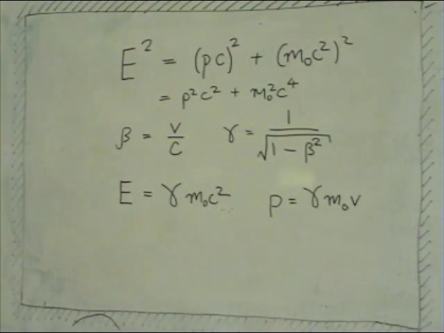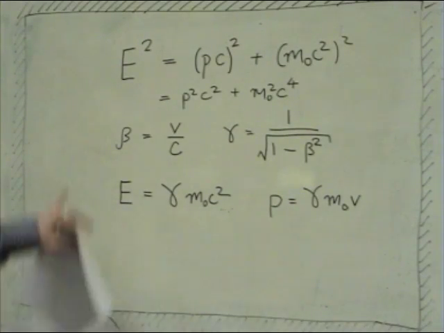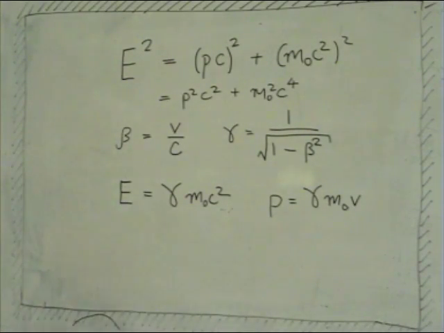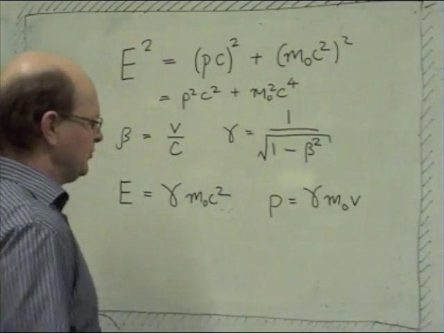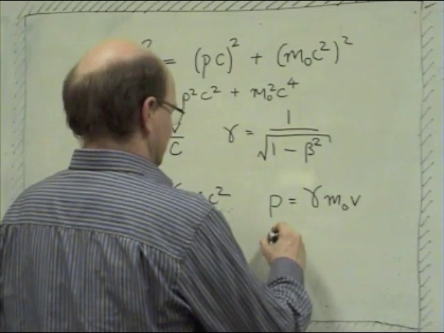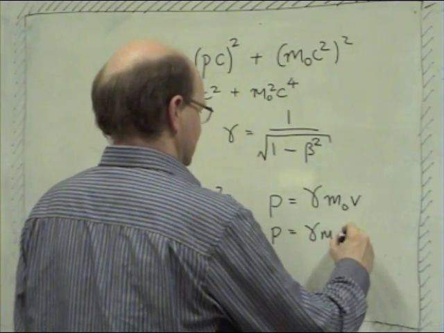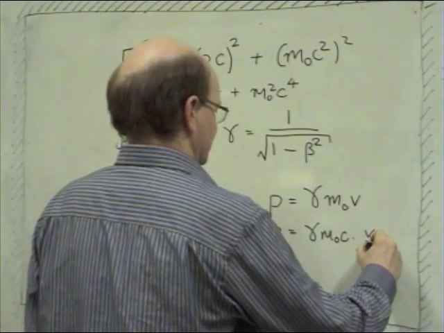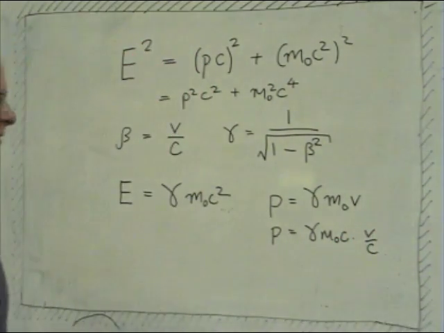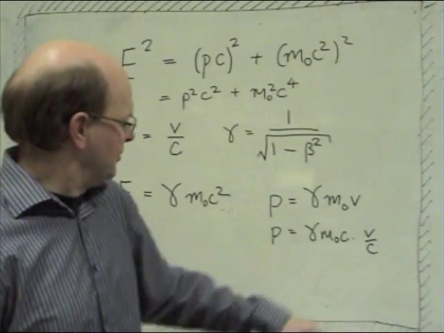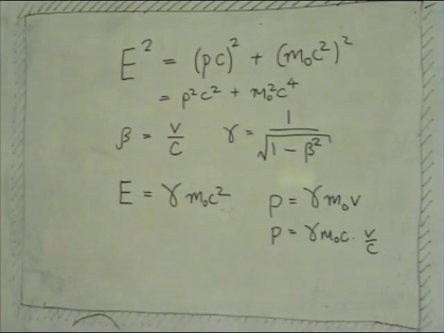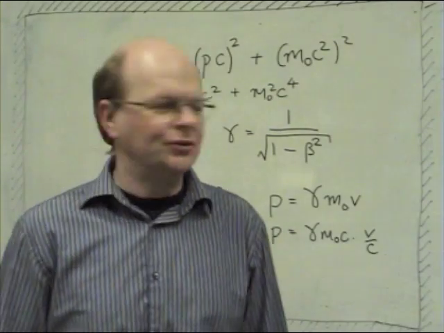So the question is, are these expressions consistent with the top one? And I'll show you that they are. So the first thing I'm going to do is to write this equation for the momentum like this: gamma times m naught c times v over c. All I've done is introduced a c top and bottom. So c over c is 1, so I've multiplied by 1, so all's good.